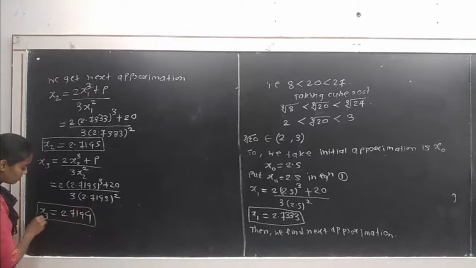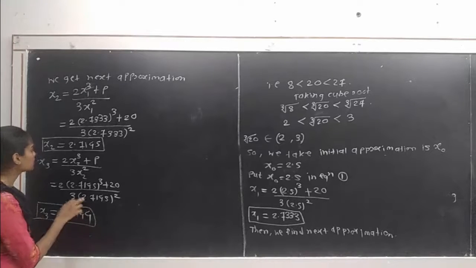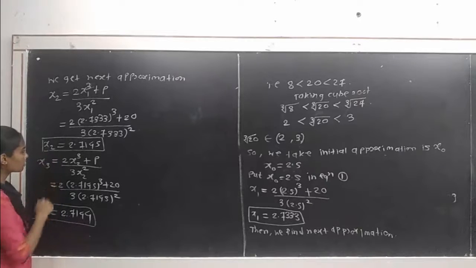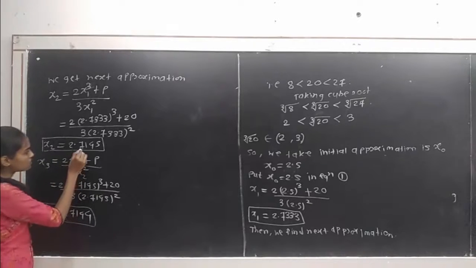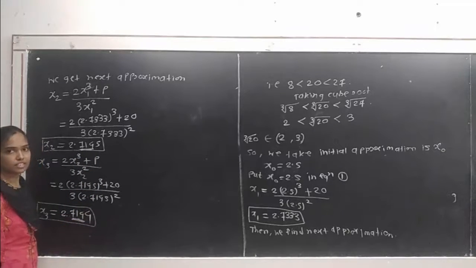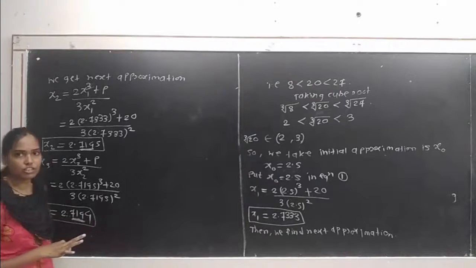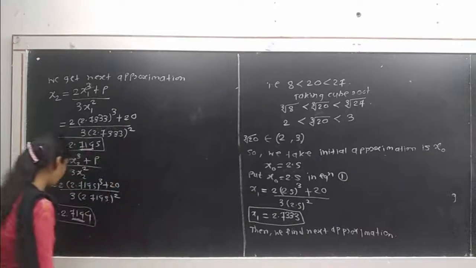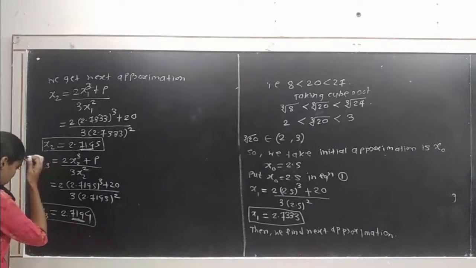If we observe, students, the approximate roots x2 and x3, these two successive approximate roots, are correct up to 3 decimal places. Therefore we stop the procedure of finding the cube root of number 20, or of finding further iterations.